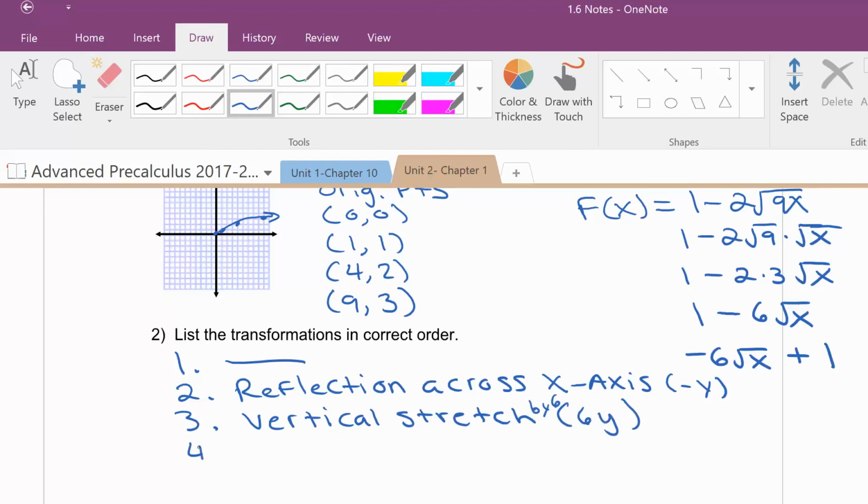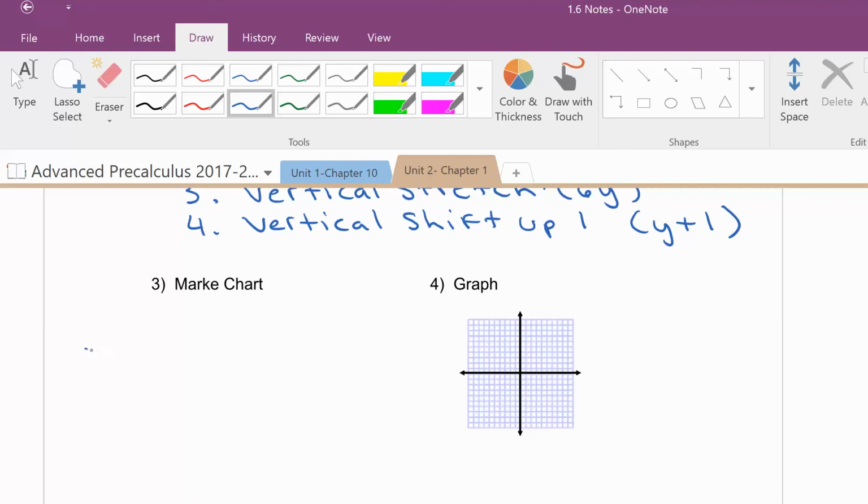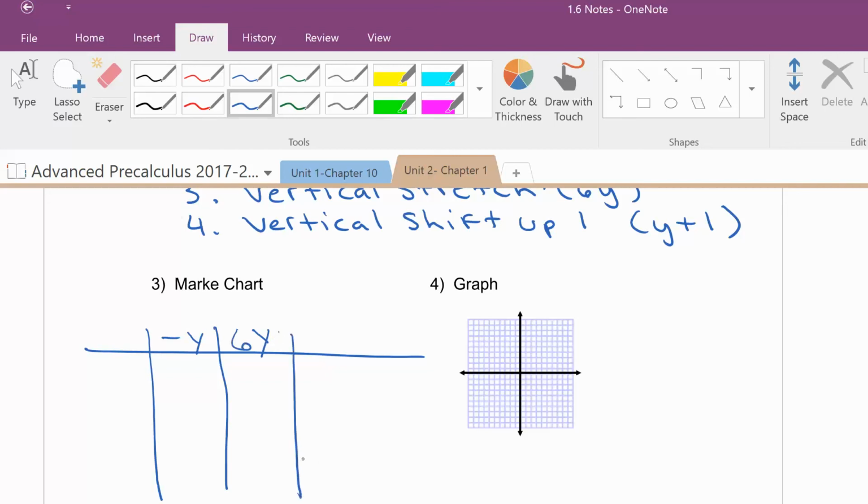And then there's also a vertical shift up 1. So that means you're going to take y plus 1. So when you make your table, you have negative y, 6y, and then you have y plus 1.